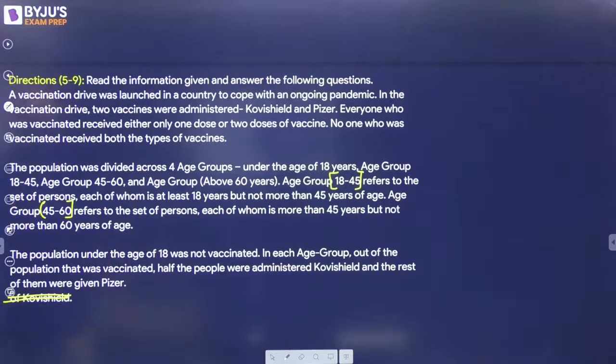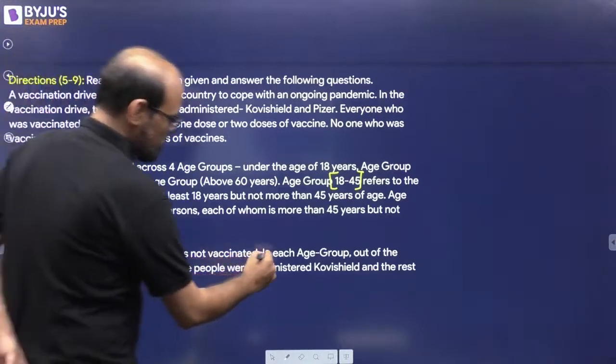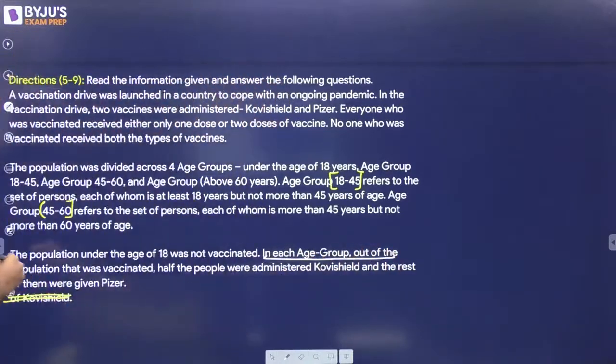In each age group, out of the population that was vaccinated, okay, please understand this statement. It says if you go to each age group, out of the total population that was vaccinated, half got Covishield and the other half got the other vaccine.